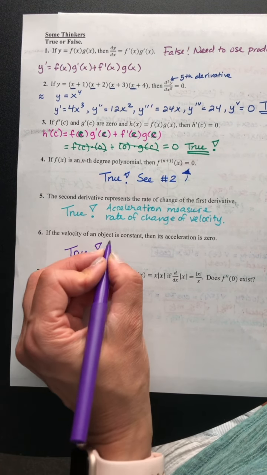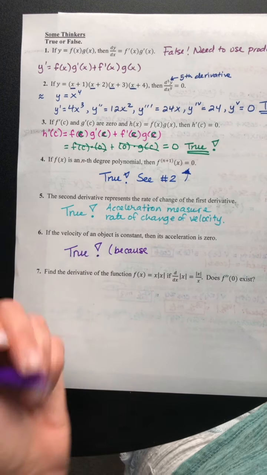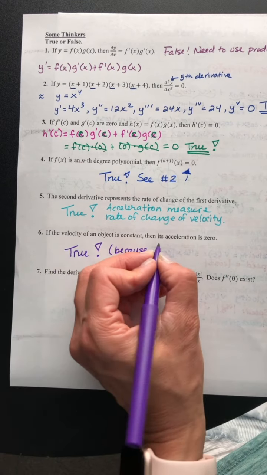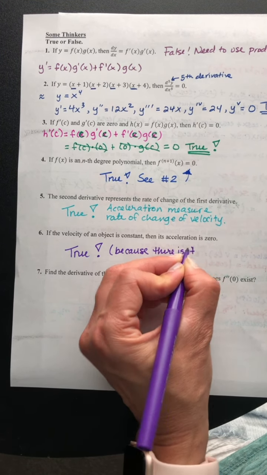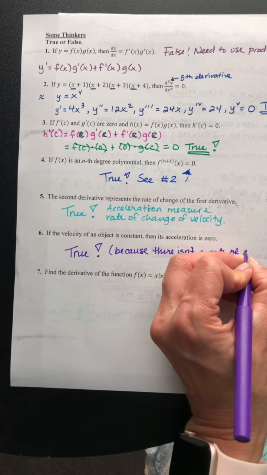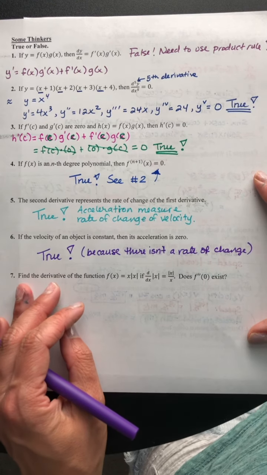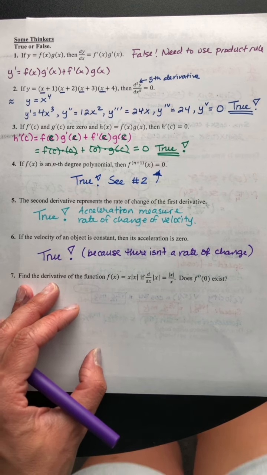Lots of trues. But let's put because it's staying at the same constant velocity, there's no rate of change. Remember, acceleration measures the rate of change of the rate of change. But if there's no rate of change, that means it's 0.